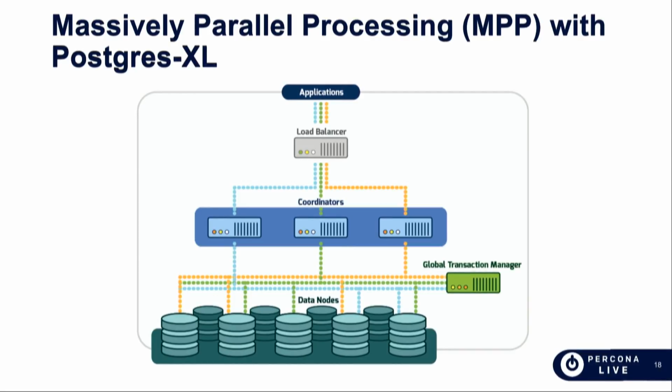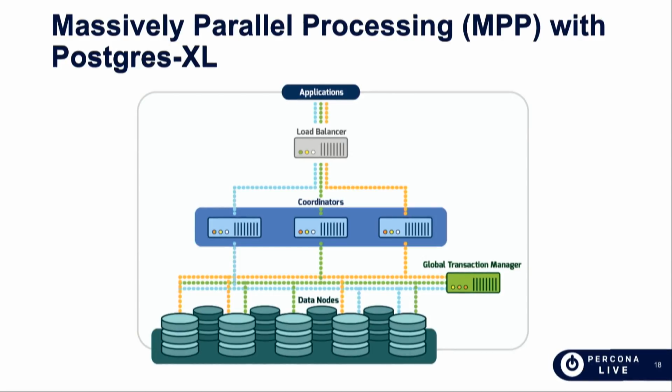This is a diagram of PostgreSQL, but this very same architecture was originally deployed by Teradata about 30 years ago and is now copied by things like Redshift, Greenplum, and various other technologies.